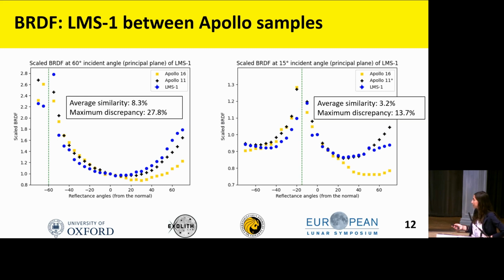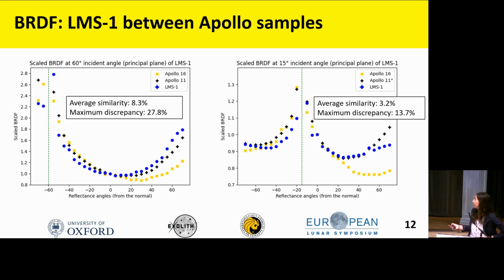So in the 15 incidence angle range, the LMS1 does really well with an average similarity of 3.2% and a maximum discrepancy of 13.7%, with that happening actually where the opposition effect takes place.